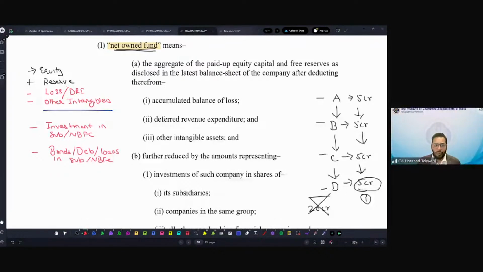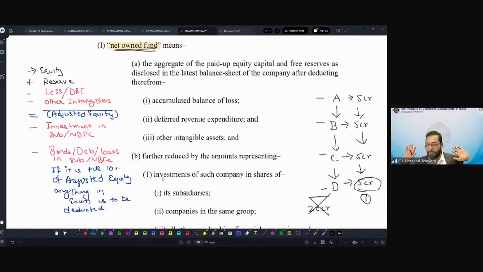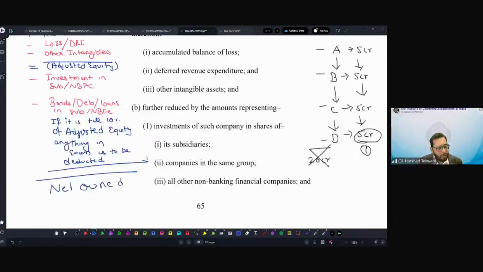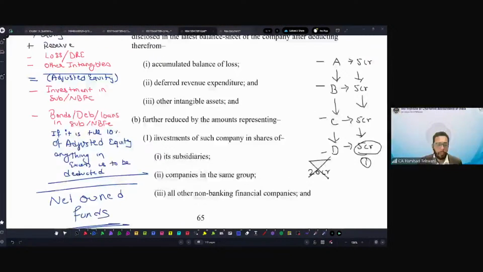Again, to avoid duplication of the same amount flowing, the restriction is that you can deduct to the extent of 10%, not beyond that. This is the adjusted equity. Anything I deduct, whatever I get is owned funds. Clear with this particular formula?